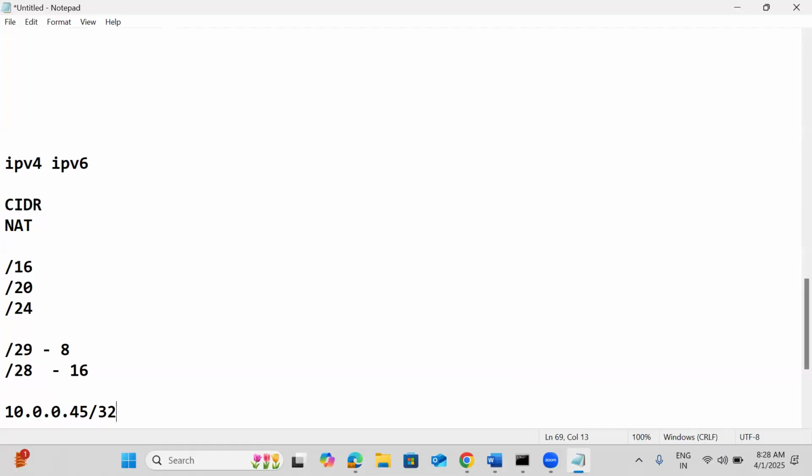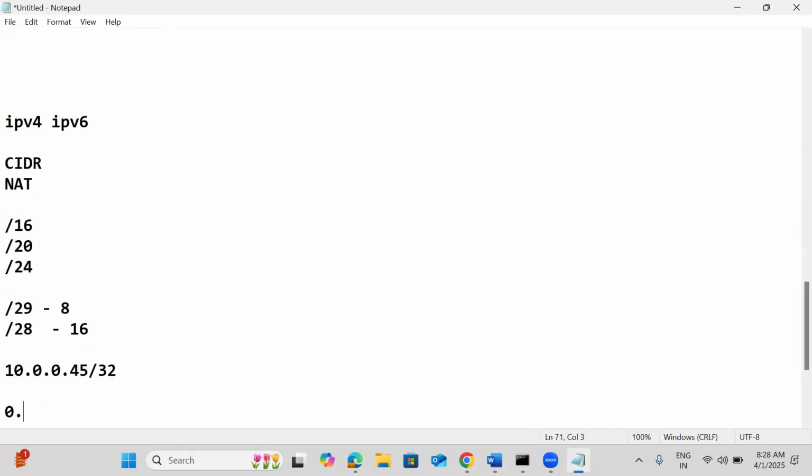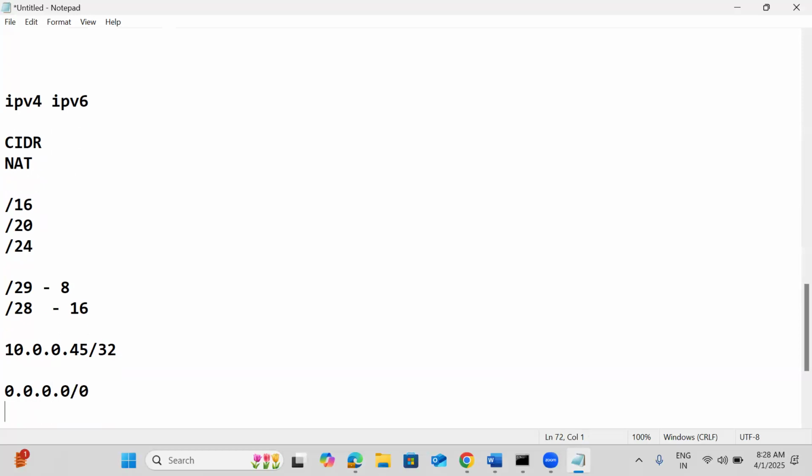It is 0.0.0.0 with /0. This is the representation of any IPv4 address in the world.